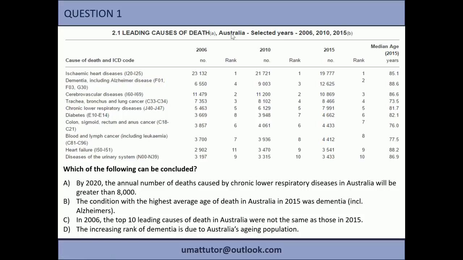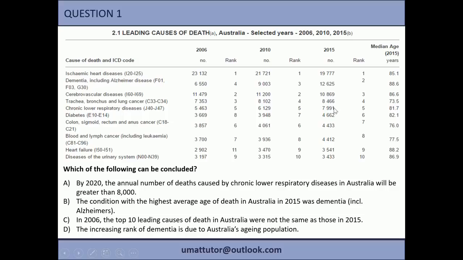So a lot of it is very well worded. The big red flag though here is that it's asking you to make a prediction about what will happen in the future, and we just can't do that. It may be very tempting. You can see that it's probably going to be true because if we track through the chronic lower respiratory disease line or row, 5,500, then 6,000, then basically 8,000.